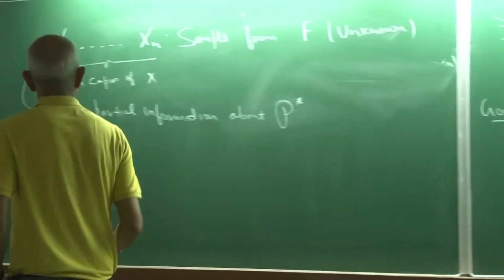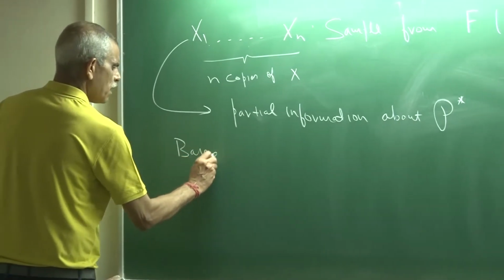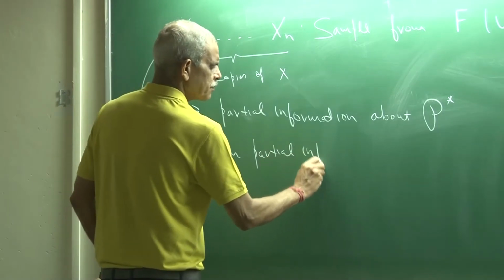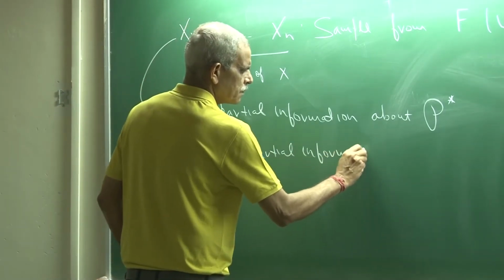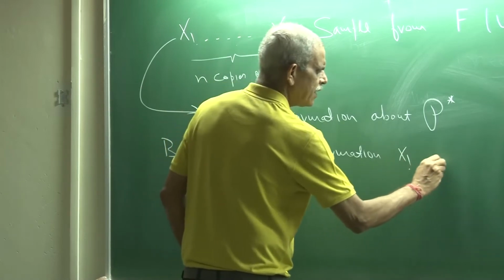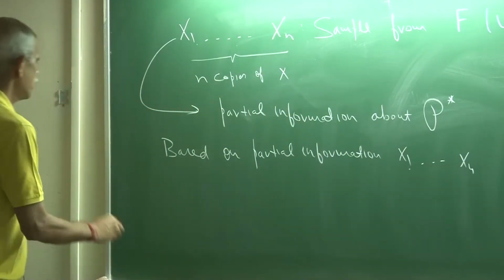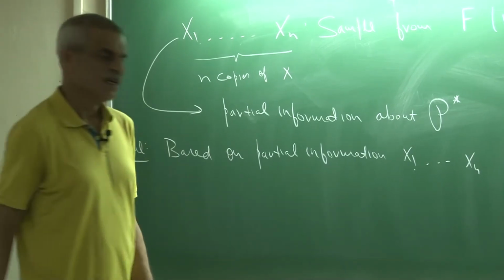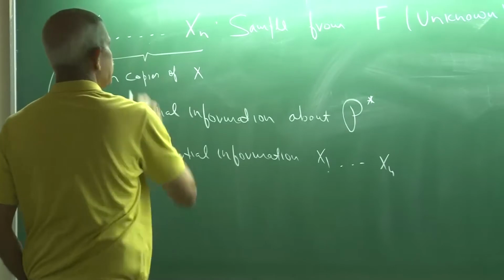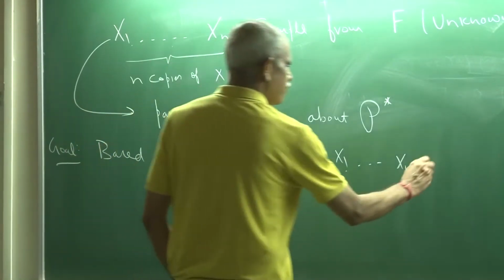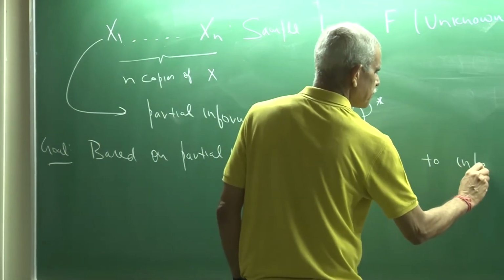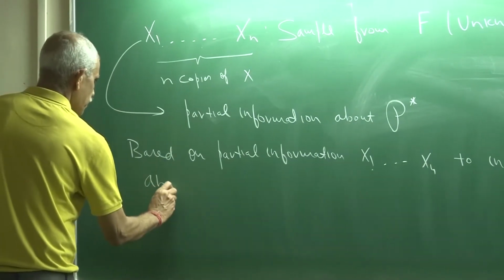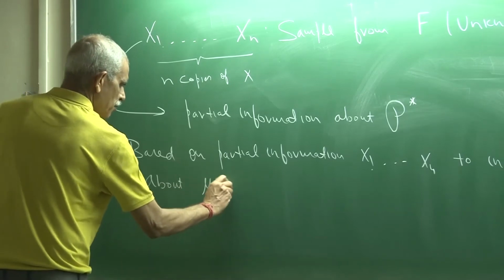So, based on the partial information contained in x1, x2, xn, I have to infer or get information about mu of f.